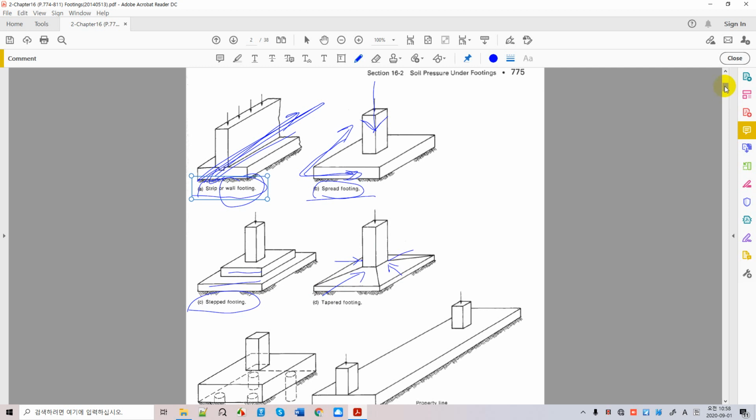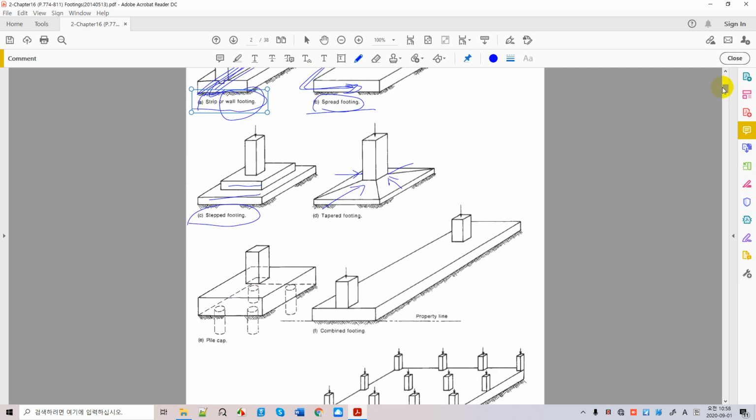One of the interesting foundations is the combined foundation, supporting multiple columns, where we have a property line right near the foundation. The column near it will have a hard time supporting the loading acting on it because we cannot extend the foundation over the property line.